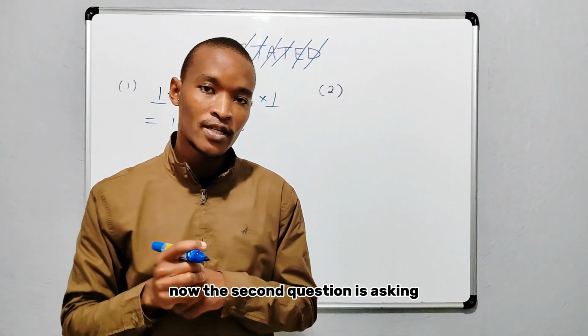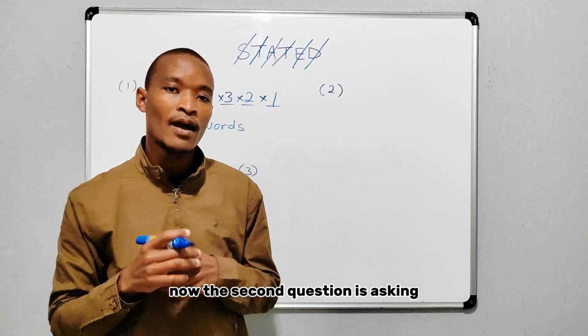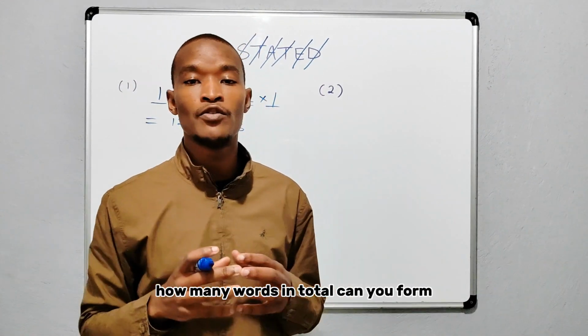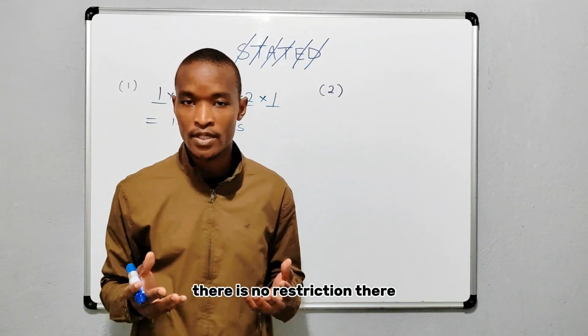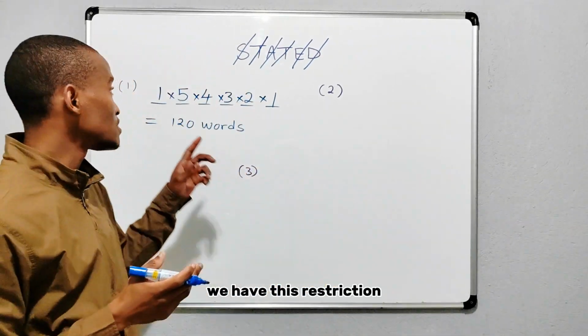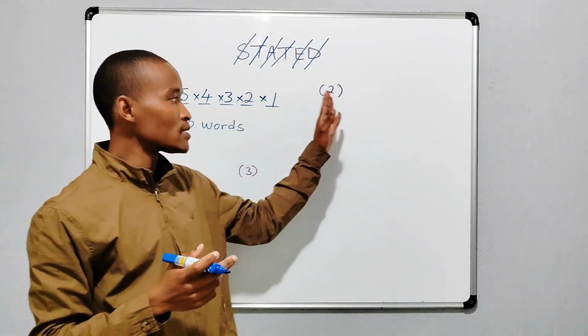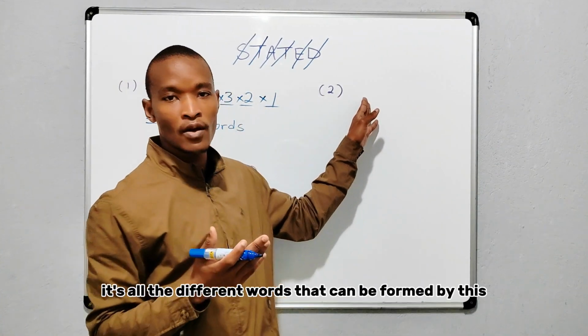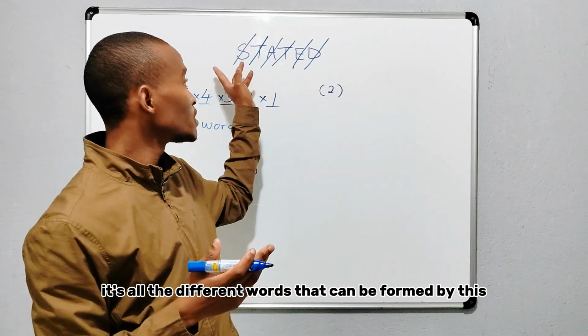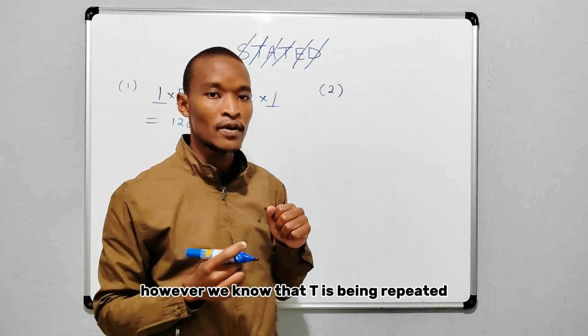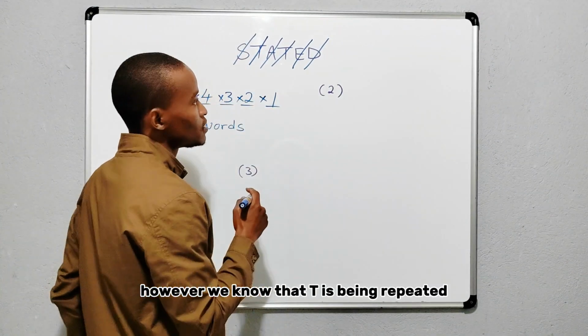Now, the second question is asking how many words in total can you form? There is no restriction there. In the first question, we had this restriction where the word must start with T. The second question, it's all the different words that can be formed by these 6 letters. However, we know that T is being repeated.